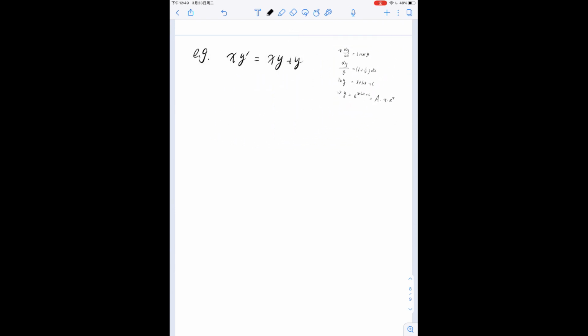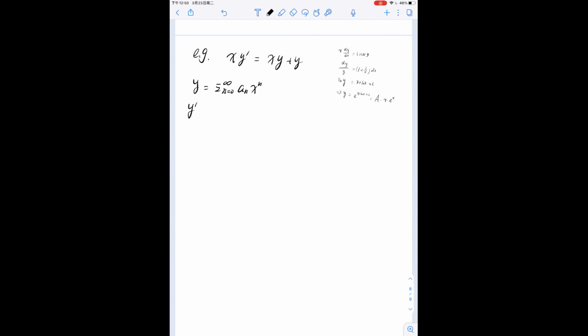What we want, for the purpose of this course, is to use the power series to solve it. Okay, let's see how we can solve it. So first we assume y has a power series expansion that looks like this: the summation from 0 to infinity of an times x to the power of n.